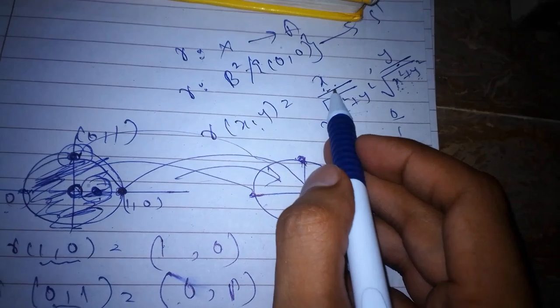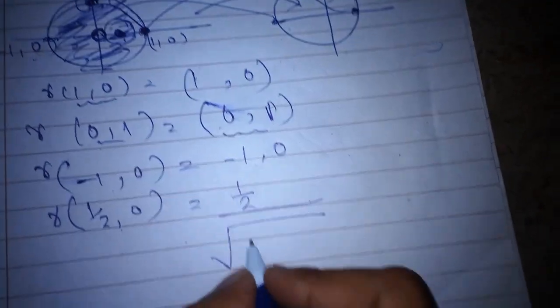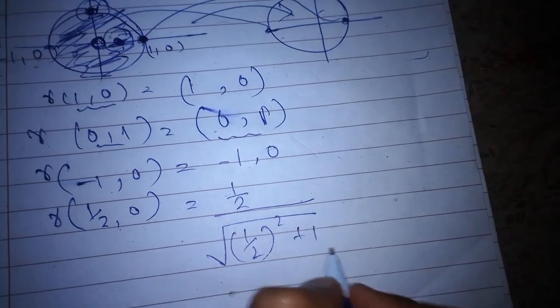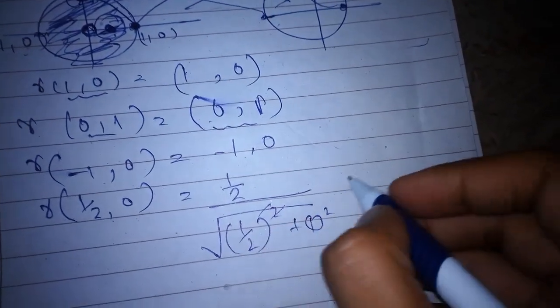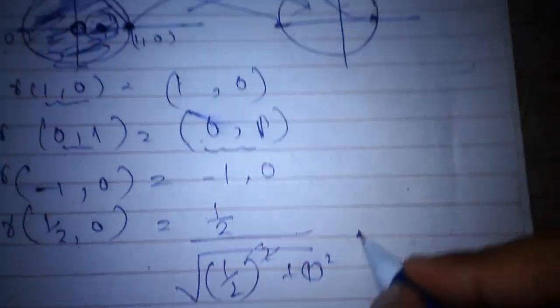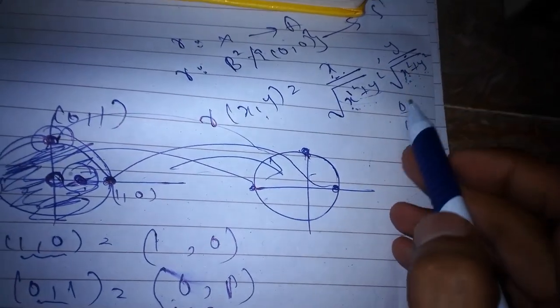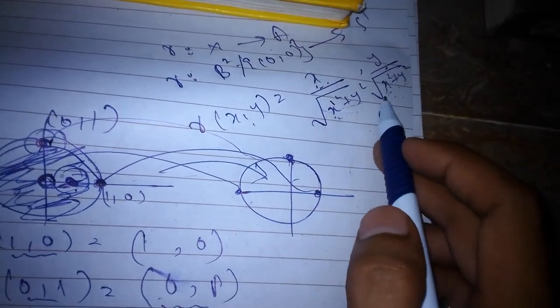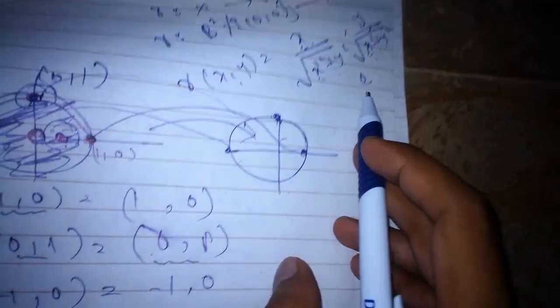If we substitute 1 upon 2 here, divided by the square root of 1 upon 2 squared plus 0 squared, the square and root cancel, and we have 1 upon 2 comma 0. If we substitute 0 here, 0 divided by something is 0.